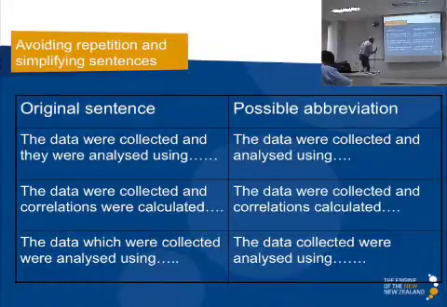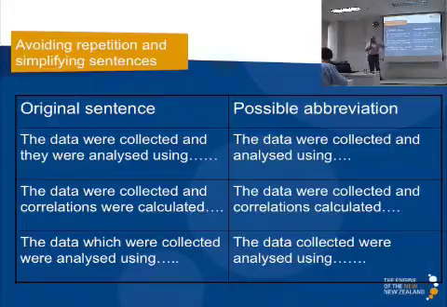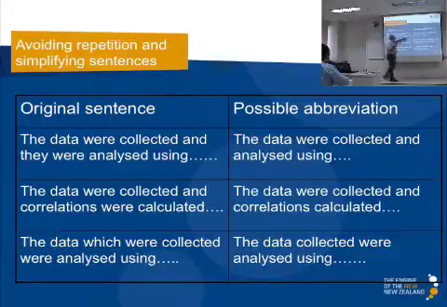I talked about avoiding repetition. Now here's some examples on the left-hand side that perhaps you would write and not think that there was anything wrong with them. The data were collected and they were analysed using ANOVA techniques. You don't need that repetition. The data were collected and analysed.